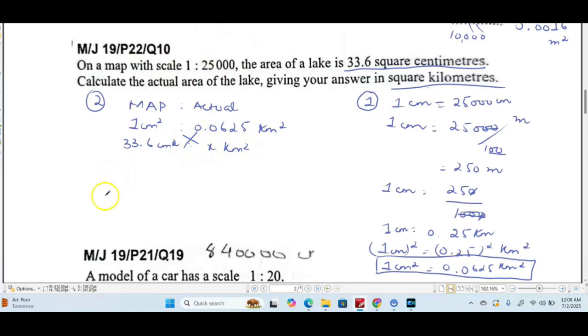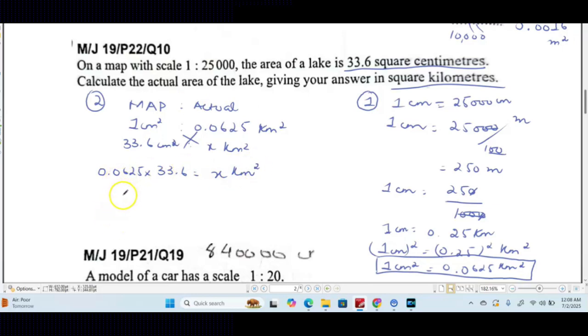So cross multiplication, 0.0625 multiplied by 33.6 will give us our area in kilometer squares. Okay, so this gives us 2.1 kilometer squares. So x is equal to 2.1 kilometer square.